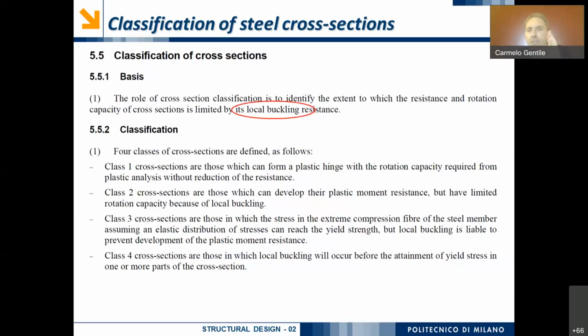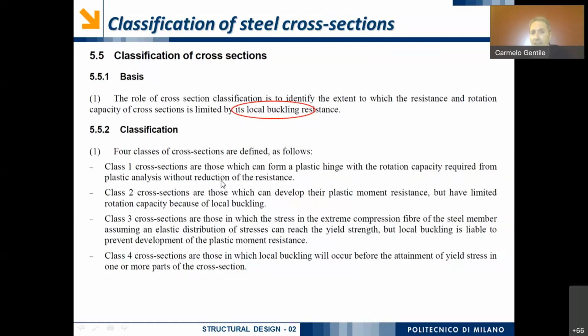let's try to define the 4 classes. What I expect is that in class 1 and class 2, there is no buckling, while in class 3 and class 4, there is the possibility of buckling. In fact, class 1 cross-sections are those which can form a plastic hinge with the rotation capacity required from plastic analysis without any reduction of the resistance.